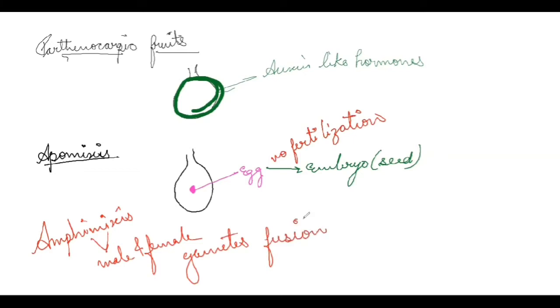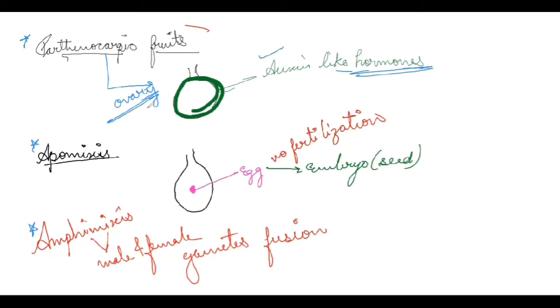Clear? So from now, I believe that you won't get confused between three terms: parthenocarpic fruit, apomixis and amphimixis. Important questions have been framed in previous year exams a number of times, and usually this confusion arises about what is occurring in parthenocarpic fruits and what is occurring in apomixis. So I have made it very clear that in parthenocarpic fruit, the ovary forms the fruit under the influence of hormones, for example auxin.